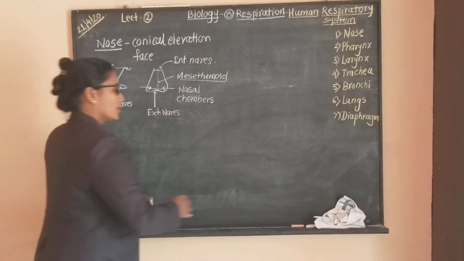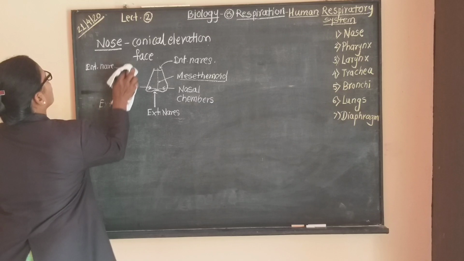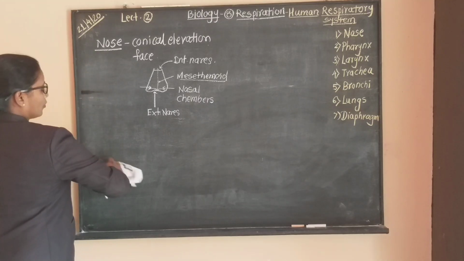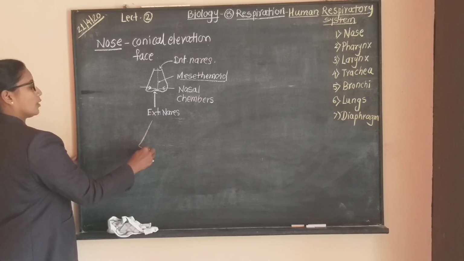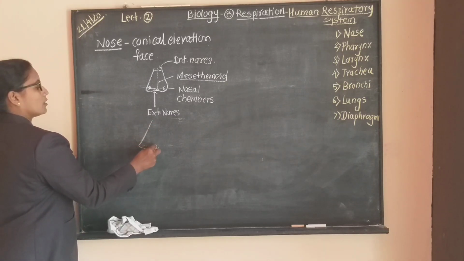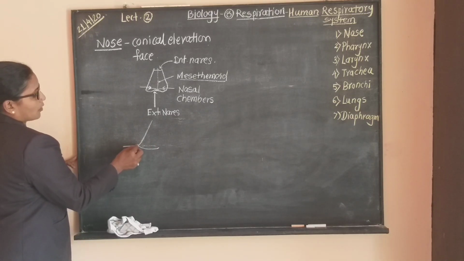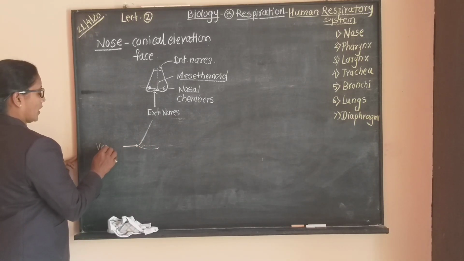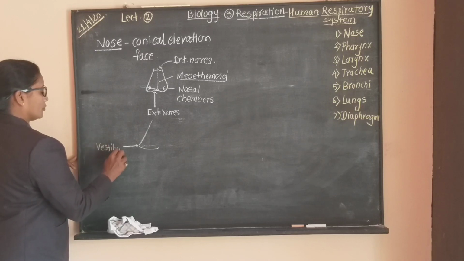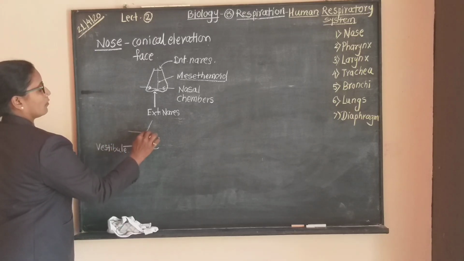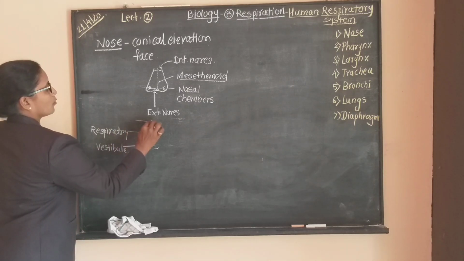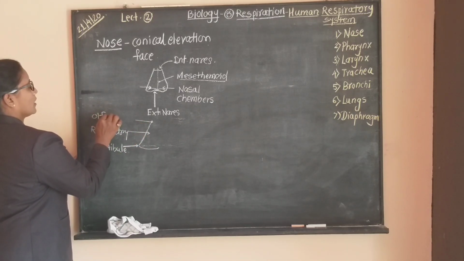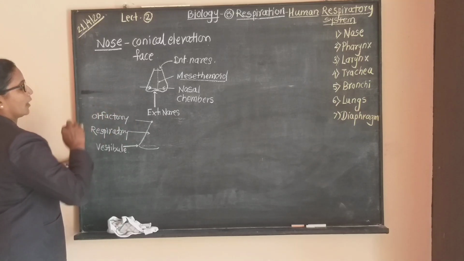Now when we observe the parts of our nose, it is divided into 3 parts. The nose, which is a conical elevation, consists of 3 parts. The proximal part is called the vestibule. The middle part is called the respiratory part, and the innermost part is called the olfactory part.